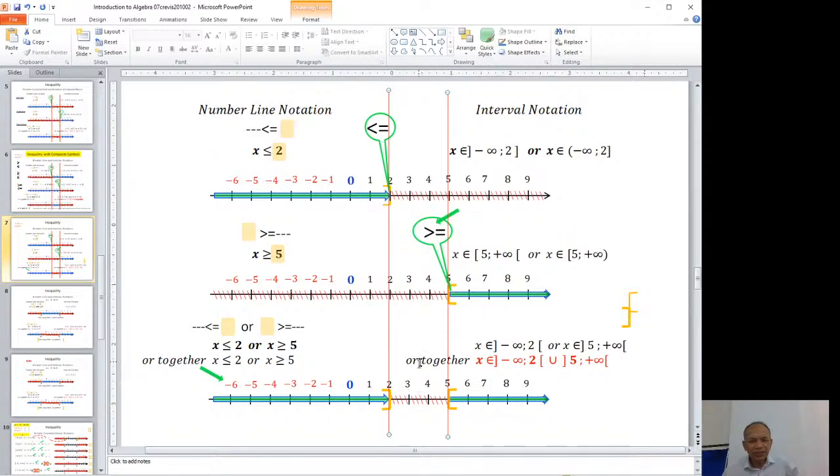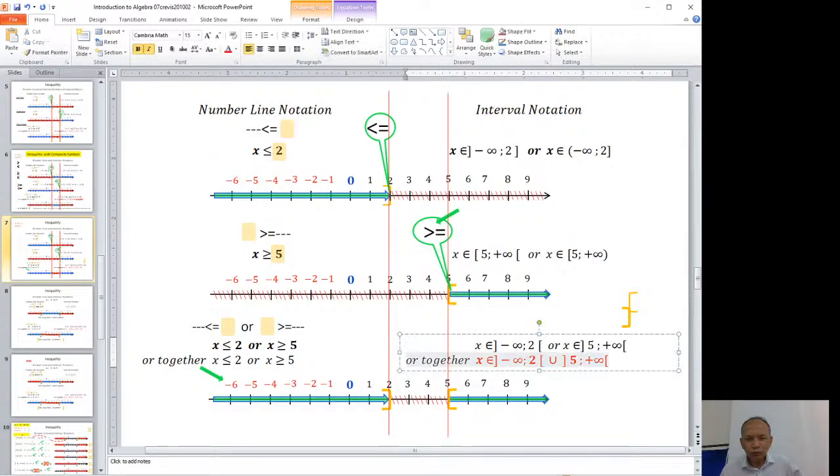So when we say union, it comes from x from negative infinity up to 2. We take this one and we take this one, they belong to us.